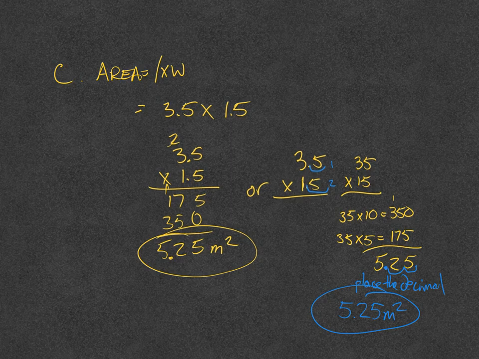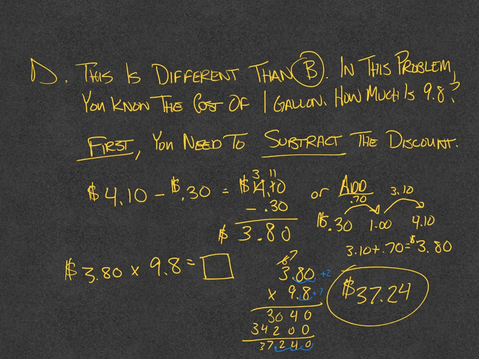So it becomes multiplication. For D, you now know the cost of 1 gallon, but you need to know how much it costs for 9.8 gallons. But there's a first step in this one. There's a discount. So you have to figure out what that discount is first. So you subtract, then you multiply.